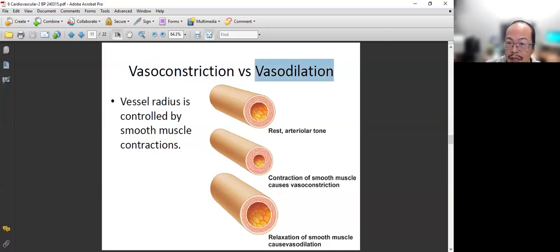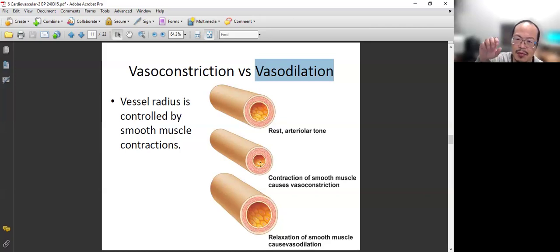When the endothelium cell is injured, you tend to cause vasoconstriction. There are several reasons. One reason is that that is just the tendency of the smooth muscle. When the smooth muscle gets irritated, they will cramp, they will contract.